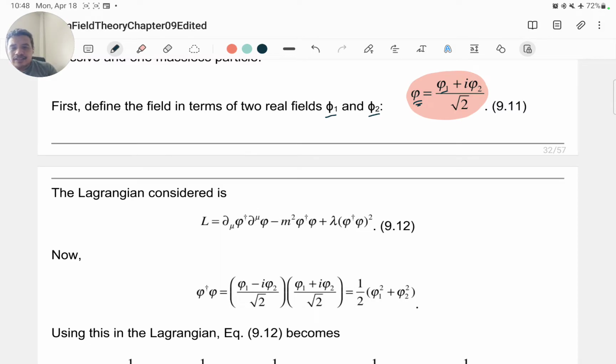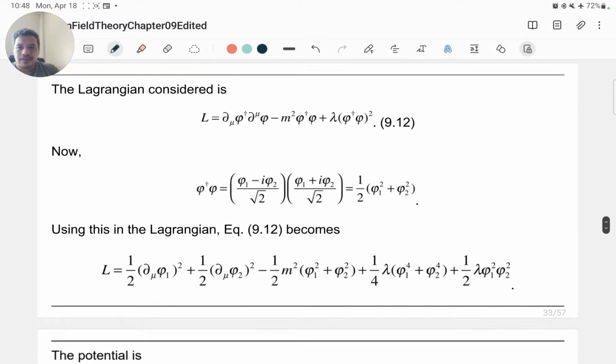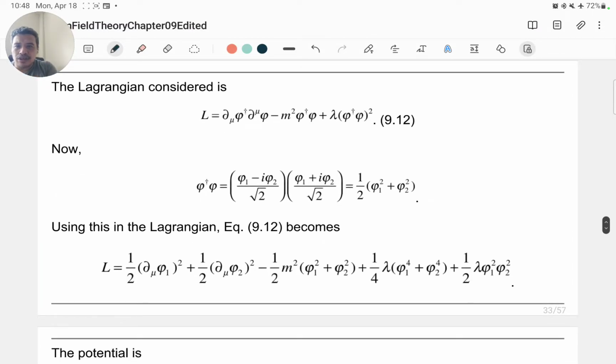So the Lagrangian considered here is this one. In this case, you have a kinetic term, you have a mass term, and then you have a four-legged coupling, coupled by the coupling constant lambda.